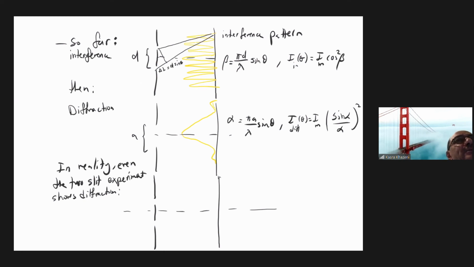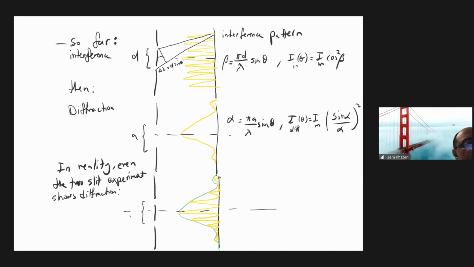And so the way this works is you actually get an envelope for the diffraction pattern here. So this picture on the top is really not correct. In reality, what you see is this. Okay? So the envelope, let's give these numbers.